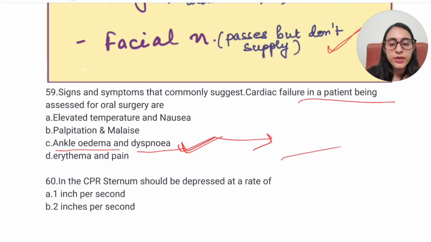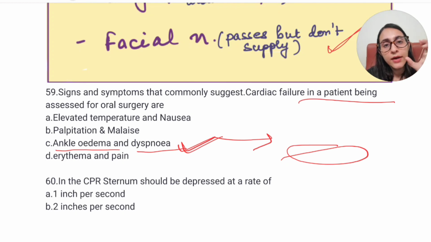When there is a cardiac failure, that means the heart is not able to push blood into the systemic circulation. There is a failure in this process. Now what happens? This can lead to fluid retention in the body, and this fluid retention can cause swelling in the extremities, especially in the ankles, and there you can see pitting edema also, and there is difficulty in breathing also.